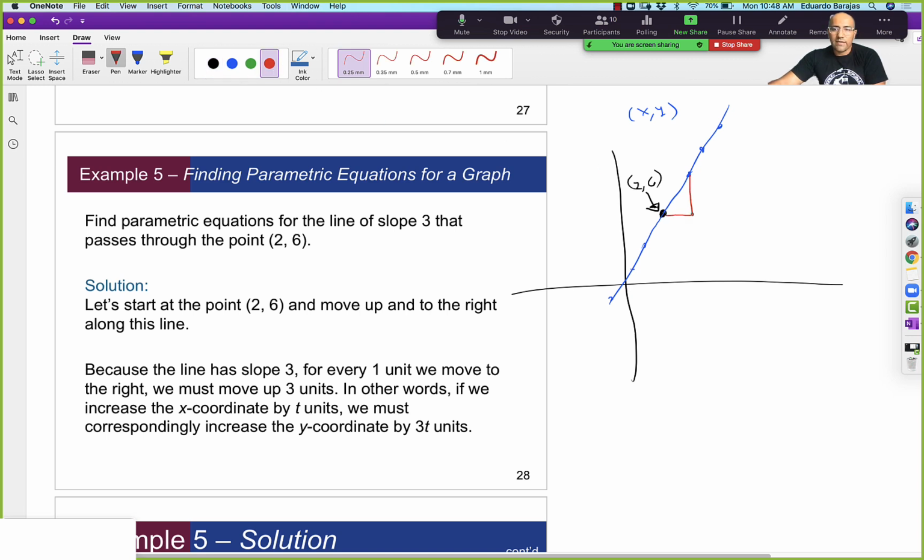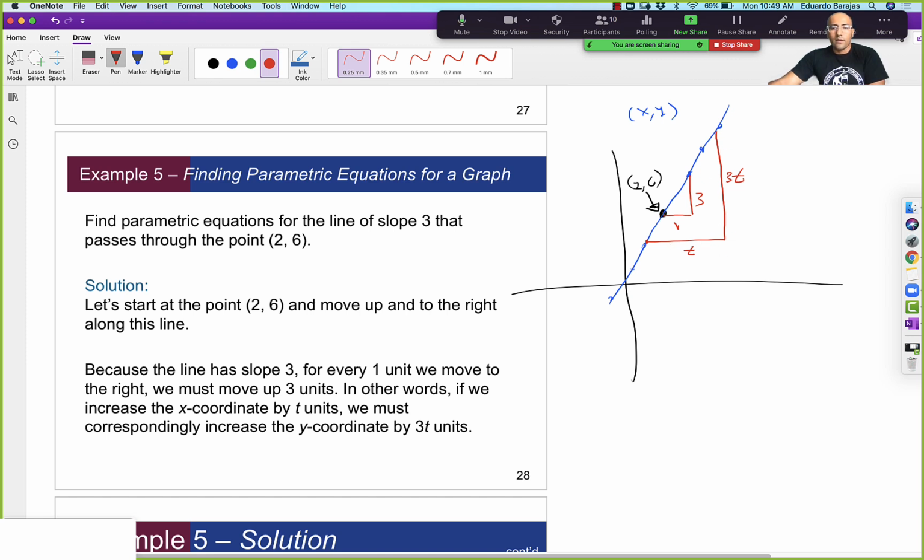One unit here, 3 units there. Whenever x changes by 1 unit, y changes by a multiple of 3 units. In general, if x changes by t units, then y changes by 3t units. Whatever this value is, we triple it.